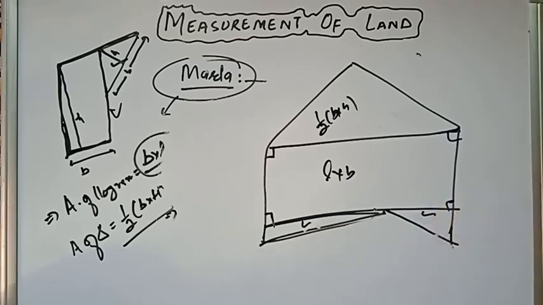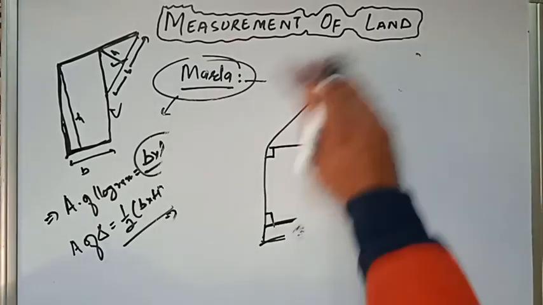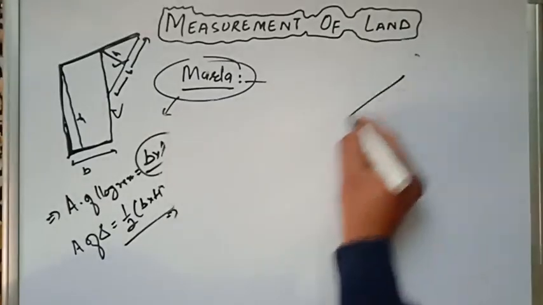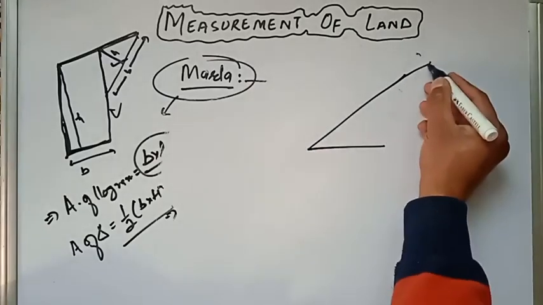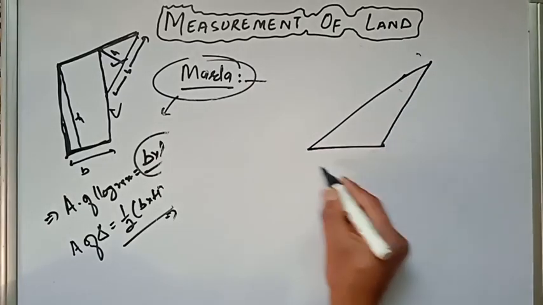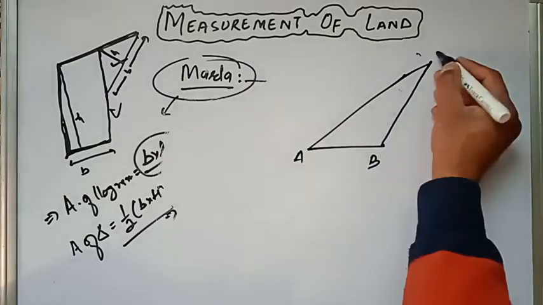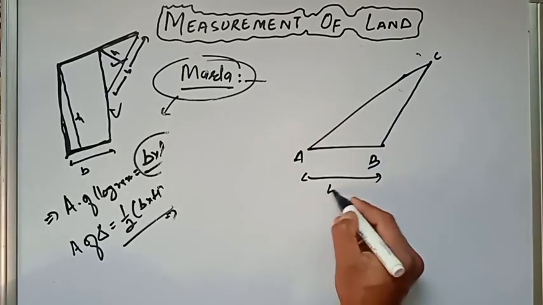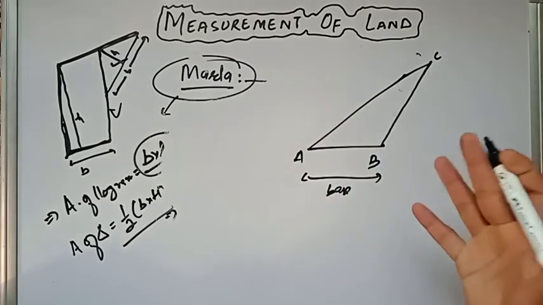But the confusion here for some students or some learners will be, how can we draw the height of a triangle if it is of a different shape? Suppose the triangle is of this shape A, B, C, and if this is the base of the triangle, from where can we get the height?